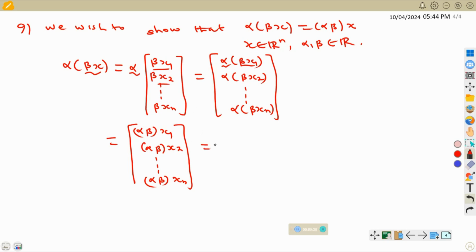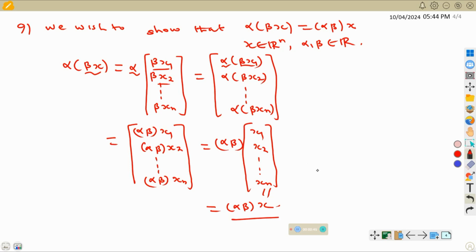So clearly we can see that this is the same as alpha beta into x1, x2 up to xn. This will be alpha beta, and this one here is x. So clearly alpha into beta x is the same as alpha beta into x.